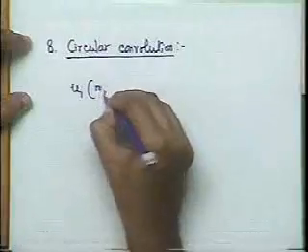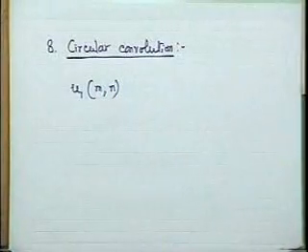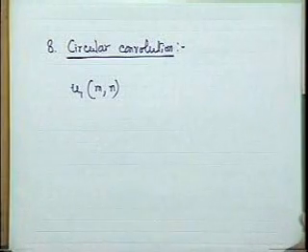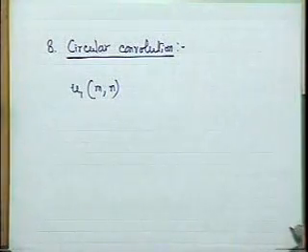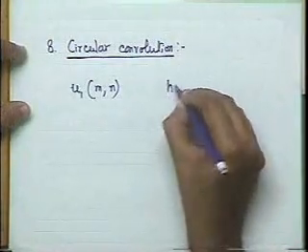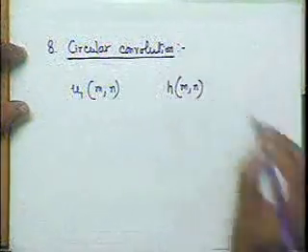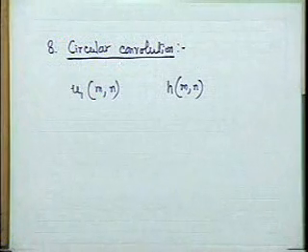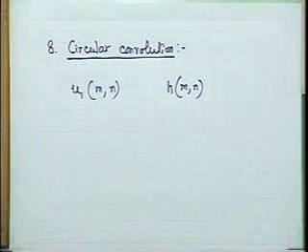One sequence I am calling u1 of m comma n, a sequence in the spatial domain, and I take yet another sequence h of m comma n, a second sequence. Now in general I am assuming that u1 of mn and h of mn differ in size.